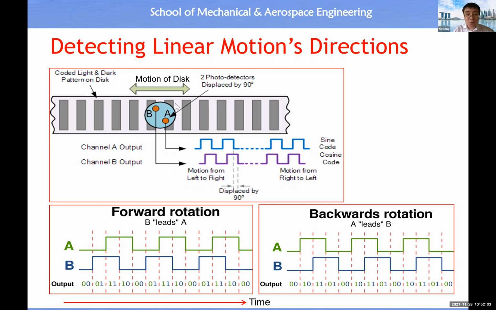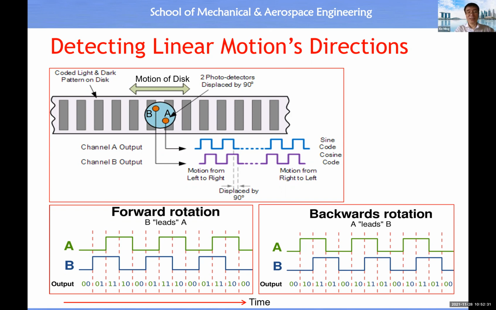If this moves toward the left-hand side, then this transparent pattern will first reach the path between the light emitter and the light detector of signal A. Then signal A will lead signal B. Then we know this is a linear translation toward the left-hand side.